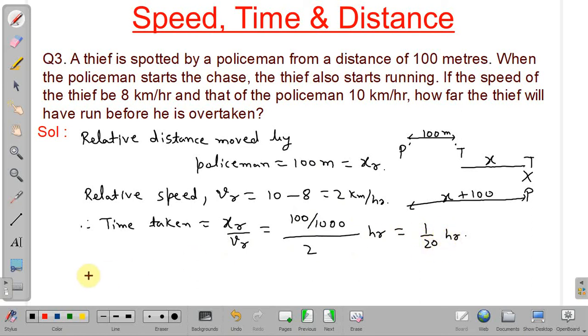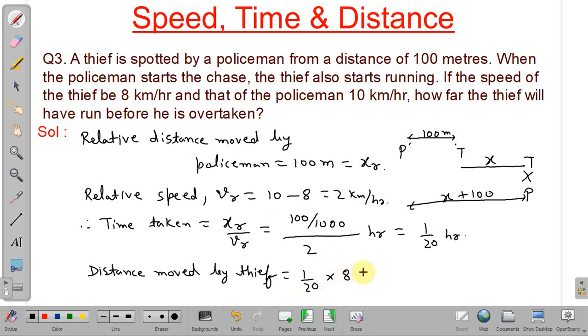So the distance moved by the thief will be the distance moved in 1 by 20 hour. So 1 by 20 is the time, and what is the speed of the thief? 8 kilometers per hour.